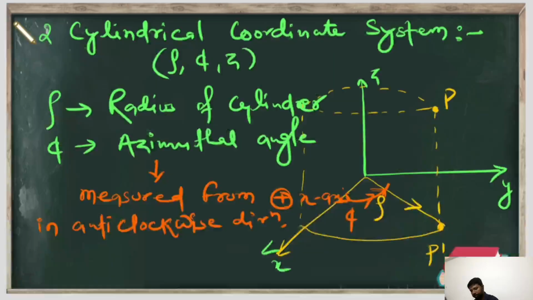Since rho is the radius of the cylinder, the range of rho lies between 0 to infinity. For phi, the azimuthal angle, if this point P lies on the x axis, then phi will be 0.